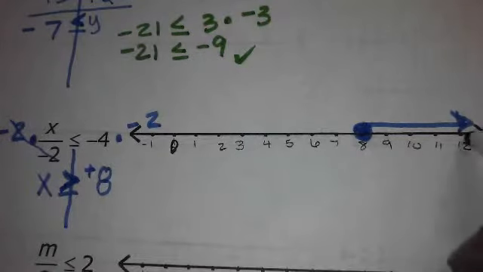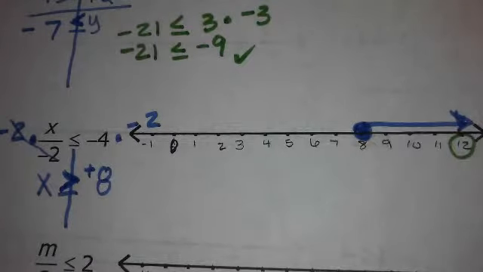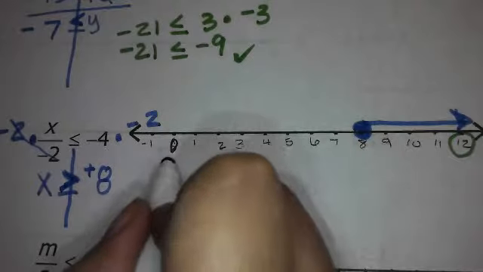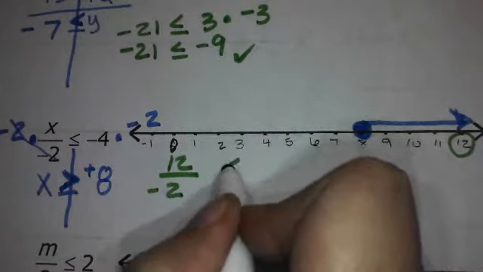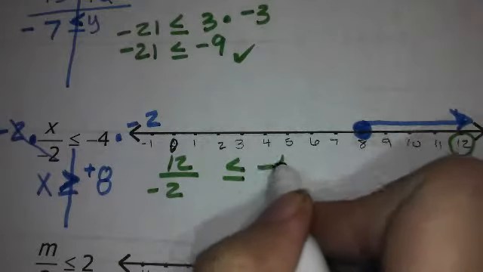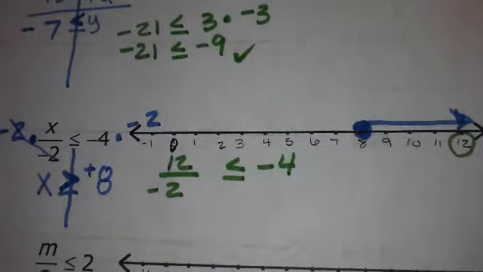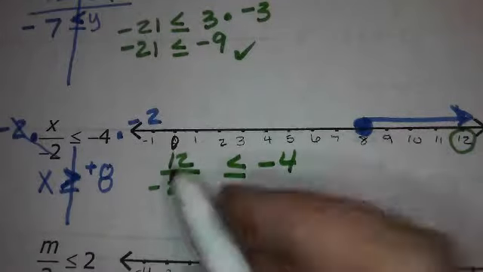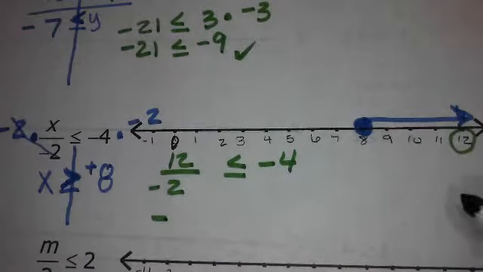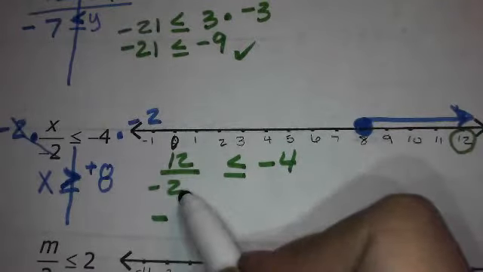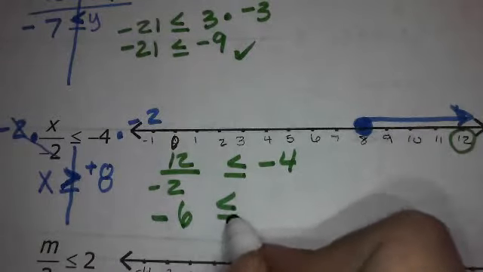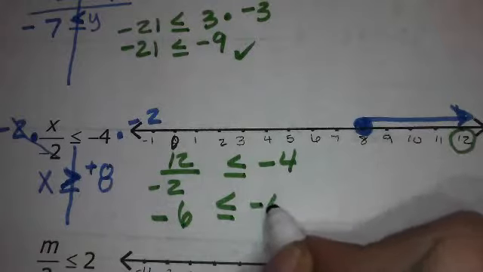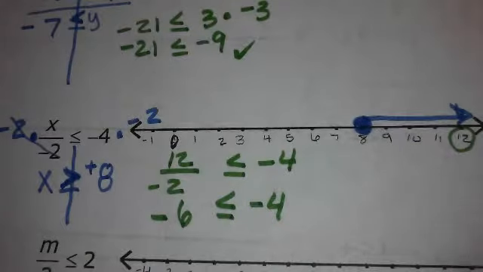Pick a number. I'm going to pick 12. 12 divided by negative 2 is less than or equal to negative 4. Positive divided by negative is a negative. 12 divided by 2 is 6. So negative 6 is less than or equal to negative 4.